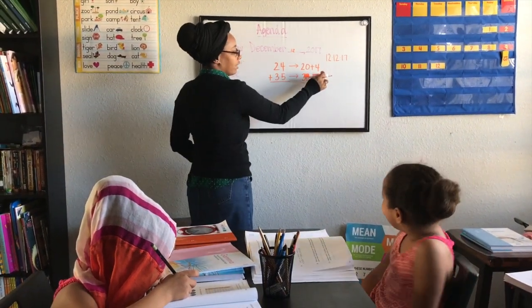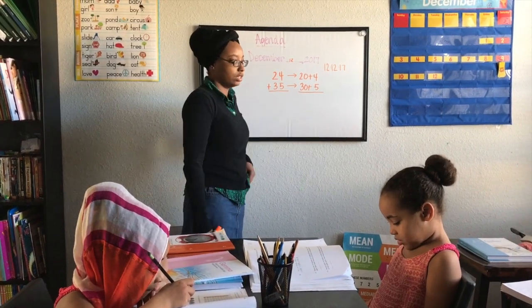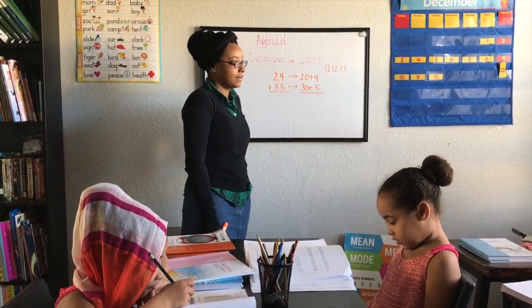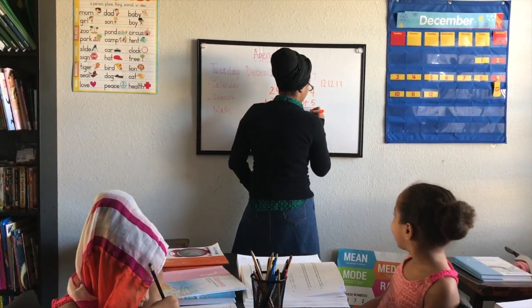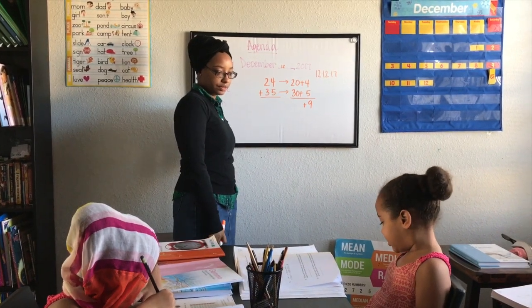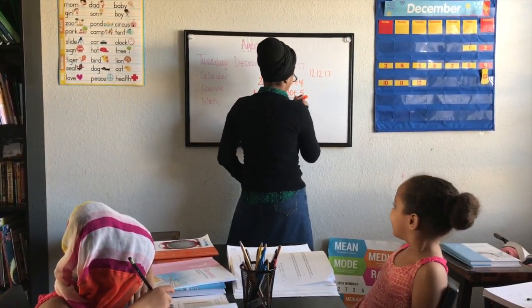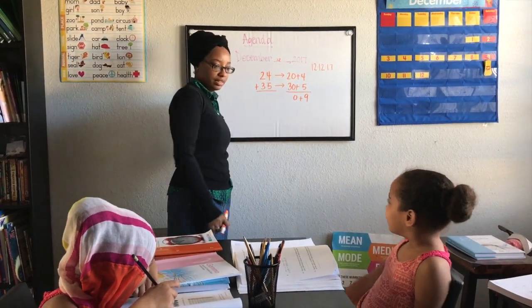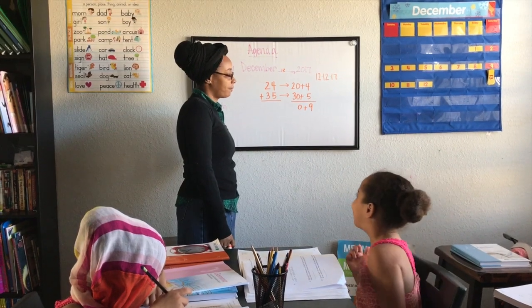So what is 5 plus 4? Hold up your fingers if you need to. 9. Very good. 5 plus 4 is 9. Okay. 0 plus 0 is? 0. 2 plus 3? 5.